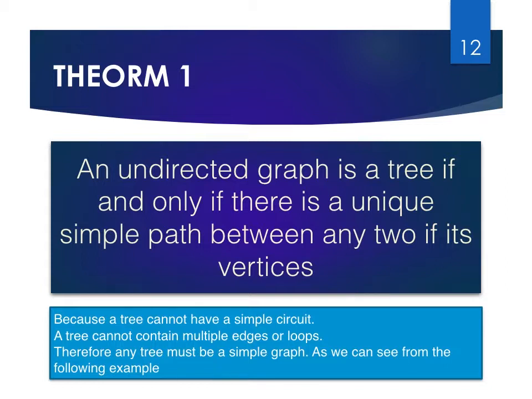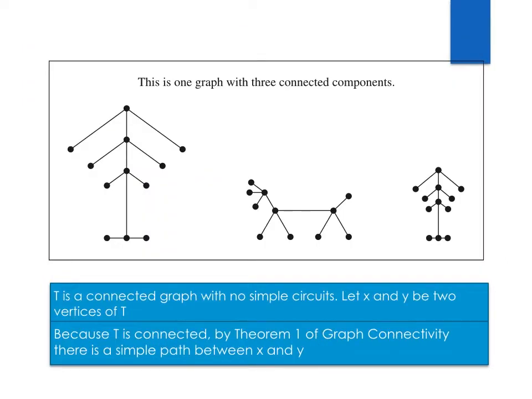First, assume that T is a tree. Then T is a connected graph with no simple circuits. Let X and Y be two vertices of T. Because T is connected, by Theorem 1 of graph connectivity, there is a simple path between X and Y. Moreover, this path must be unique.